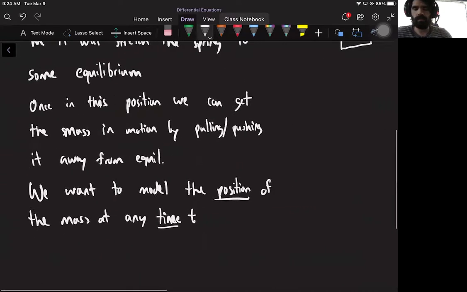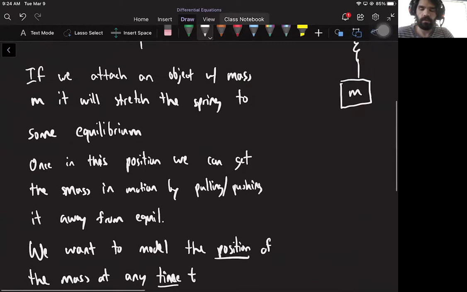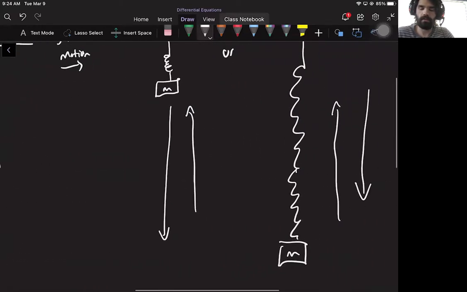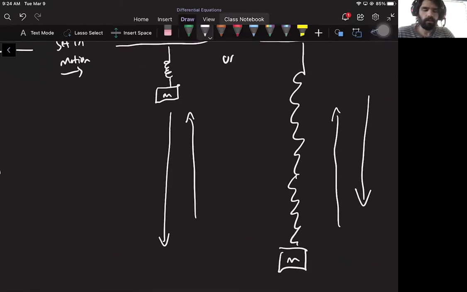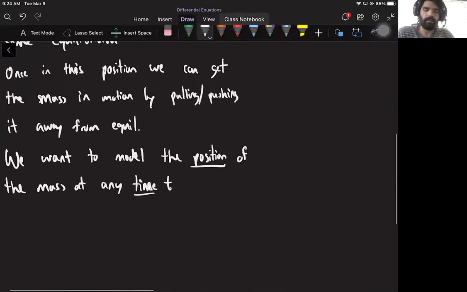So that's going to tell us the function that we're going to be solving for. The idea is I can start it in motion, and then the position of the mass, wherever this thing is, I should be able to figure out as a function of time, so that if I plug in 10 seconds, I can know exactly where it's going to be as it bounces up and down, stuff like that.